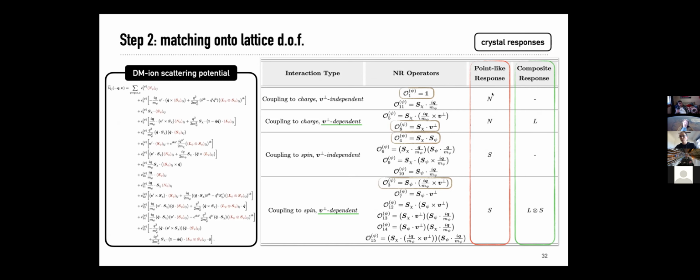If the dark matter couples to the particle number or the spin, these are quantities defined for the ion as a whole, so these are point-like responses. And each operator will generate one of these point-like responses, depending on whether it's coupling to charge or coupling to spin.